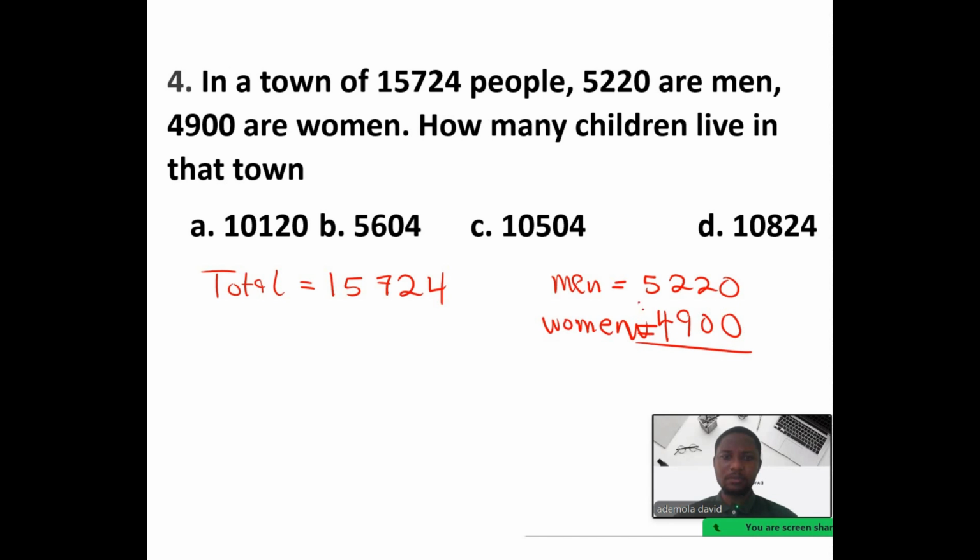And you add up, you have 0, 2, this is 11, carry 1, and this will give you 10. So this is the total of men and women.